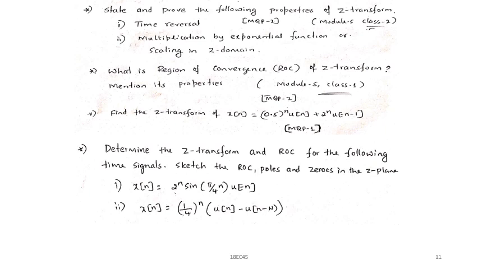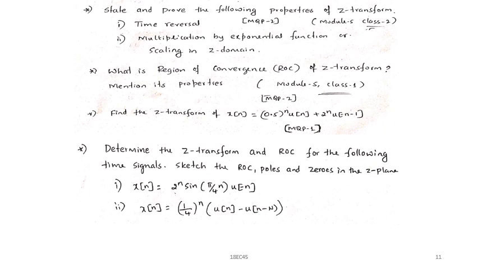So this completes your module 5, the Z transform. I have solved many problems on Z transform, then problems on inverse Z transform, then transform analysis of LTI system and all.